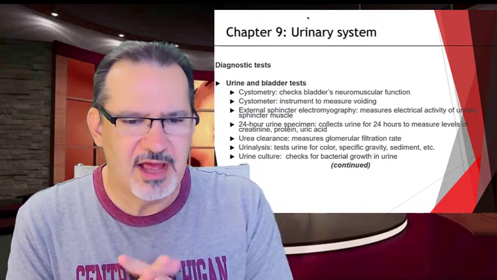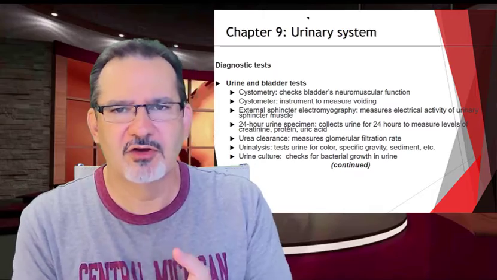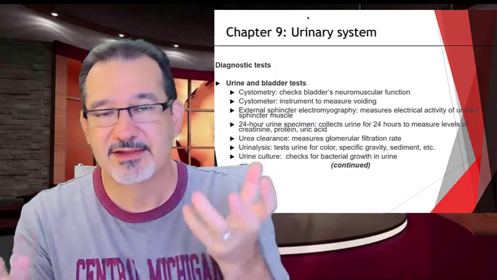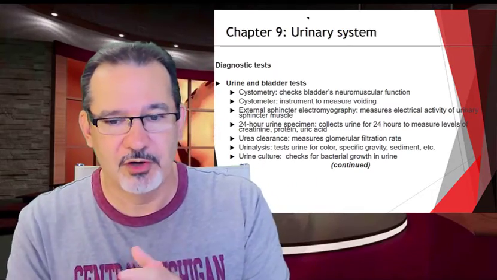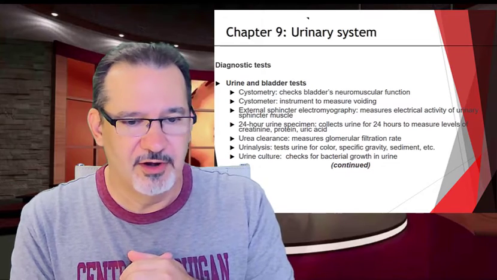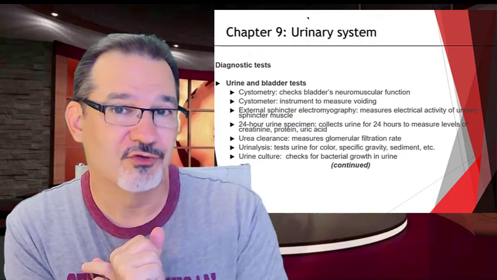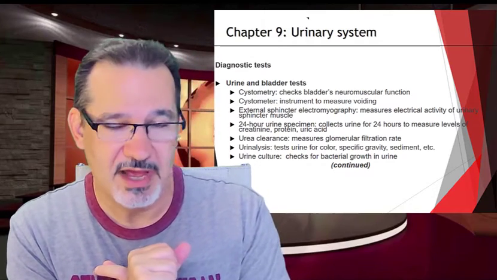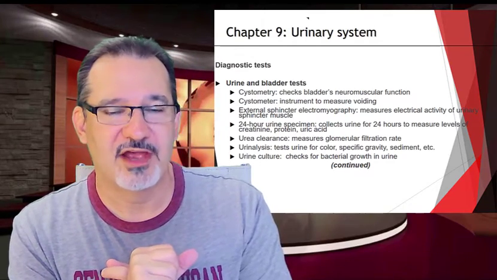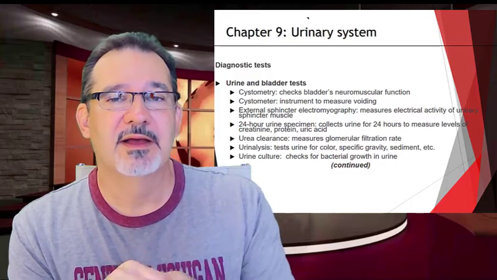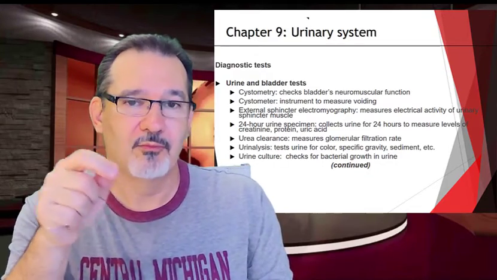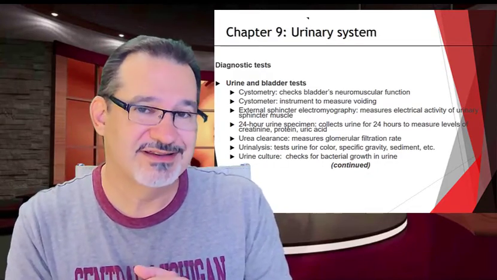What else? Urinalysis, tests for urine, the color, specific gravity, or the weight of urine versus water. Urinary sediment, we can check initial signs, or first signs often of a new diabetic, signs of glycosuria through a simple reagent dip with a reagent dipstick.